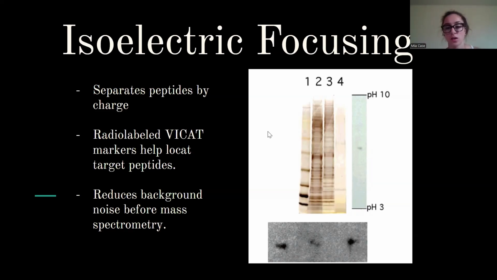This focusing not only reduces the sample complexity, but enhances the mass spec sensitivity by eliminating irrelevant peptides. And this is an example of isoelectric focusing by charge as we go from pH 10 to pH 3.